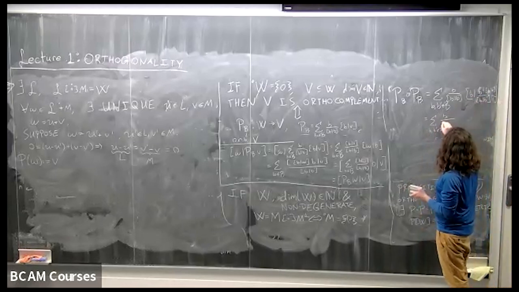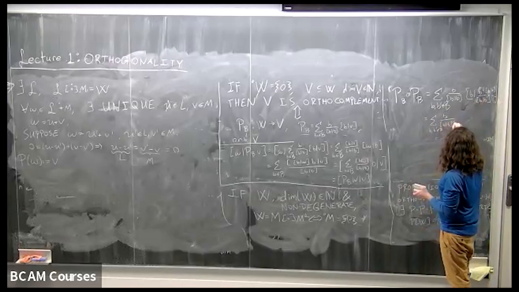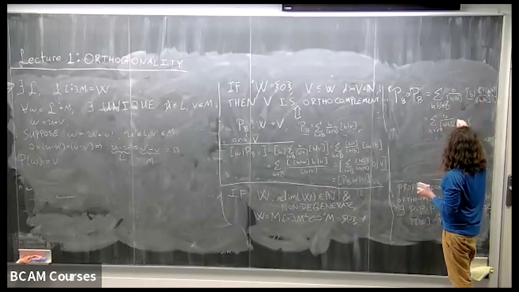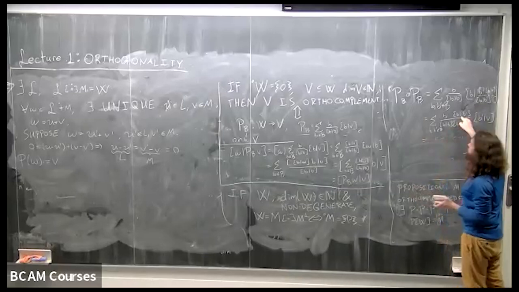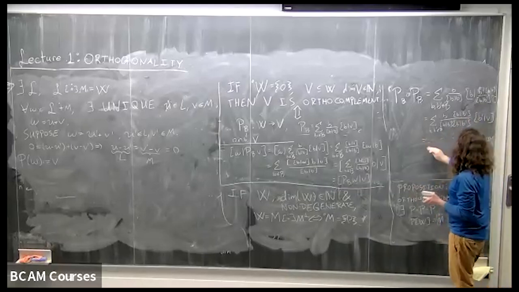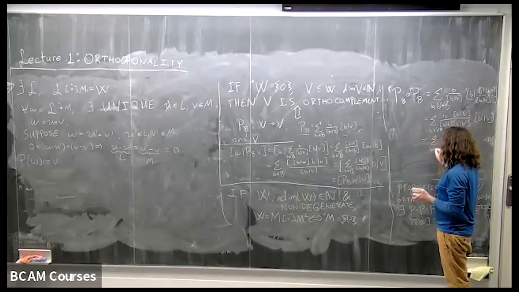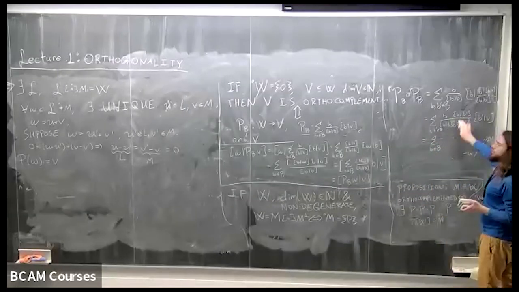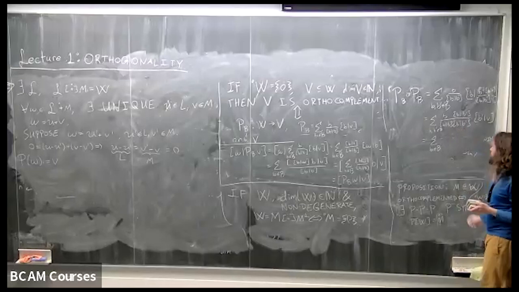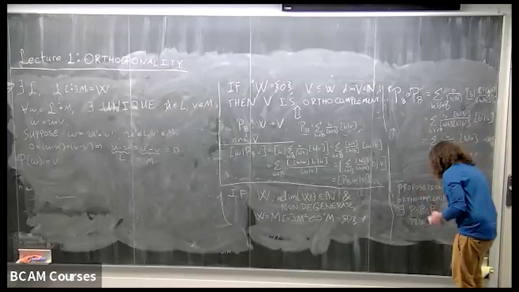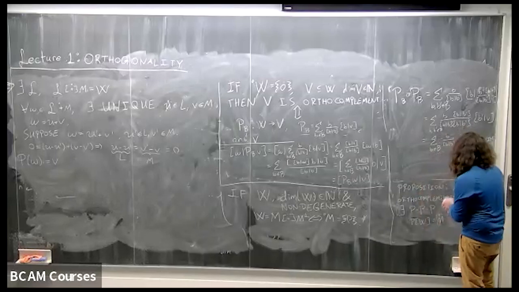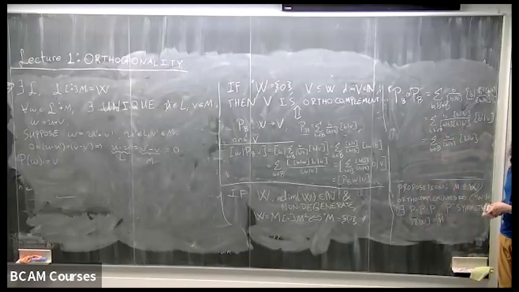So to be more precise, this is going to be non-zero only if B is equal to B'. And if they are equal, then all three of these inner products become inner squares and they're equal to each other. So I get back to where I started. So this is in fact a projector, and it's orthogonal.